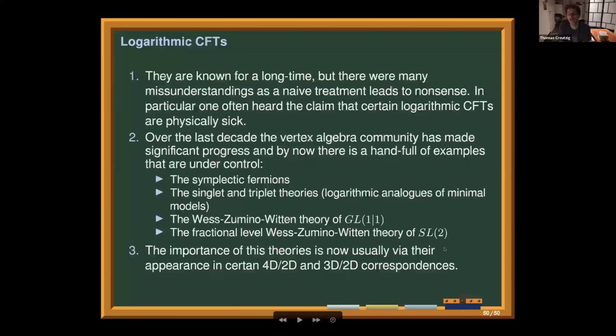Wess-Zumino-Witten theories can be defined for supergroups equally well as for Lie groups. And the simplest supergroup is GL(1|1), so that's well understood. Wess-Zumino-Witten theories in the rational sense are associated to positive integer levels. If you replace positive integers by rational numbers that are not too negative, then they are called fractional level Wess-Zumino-Witten theories.